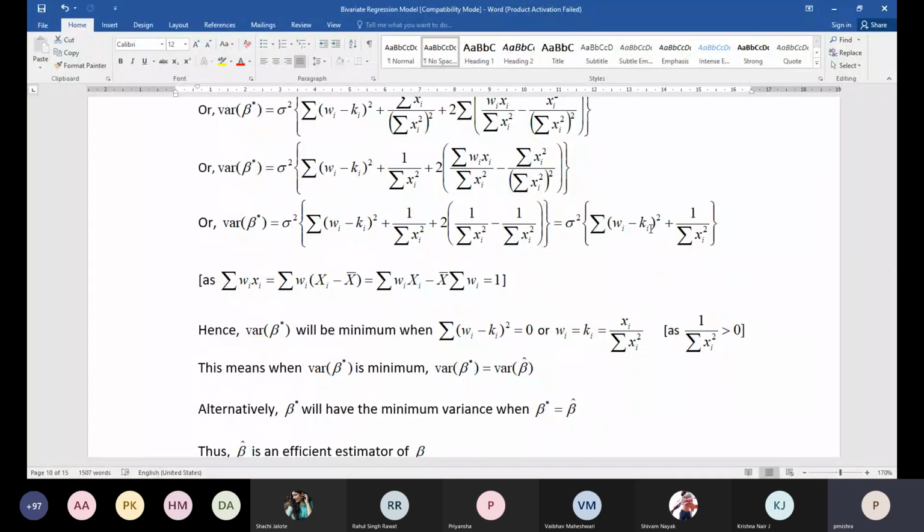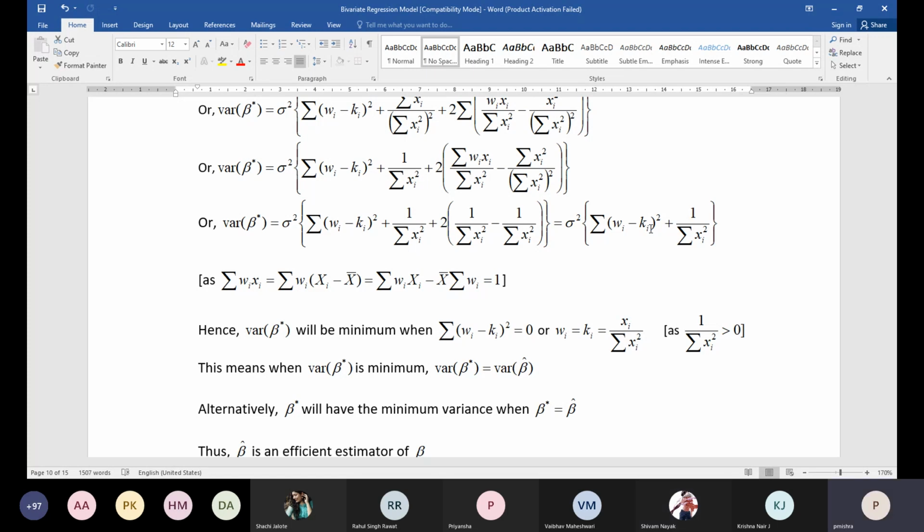So if it has minimum variance, that means it has minimum deviation from the center. That means it is efficient. Is it clear? Yes, sir.